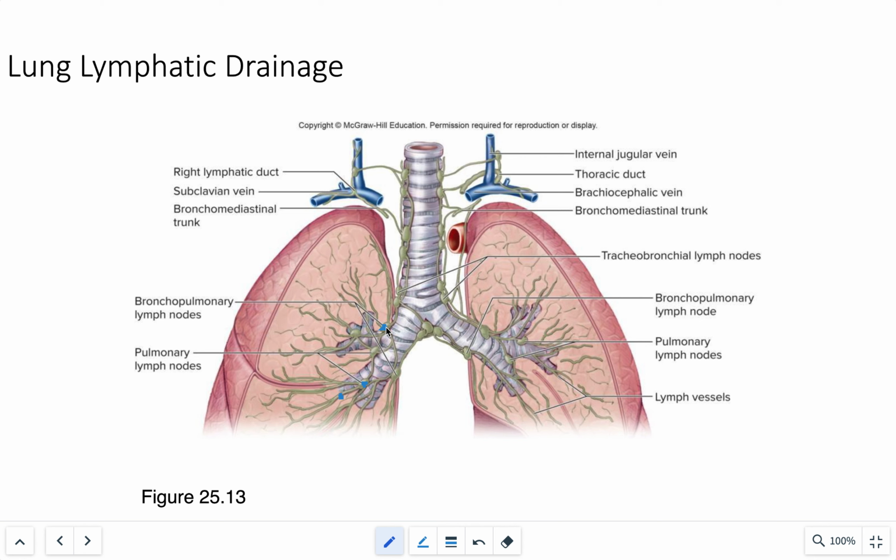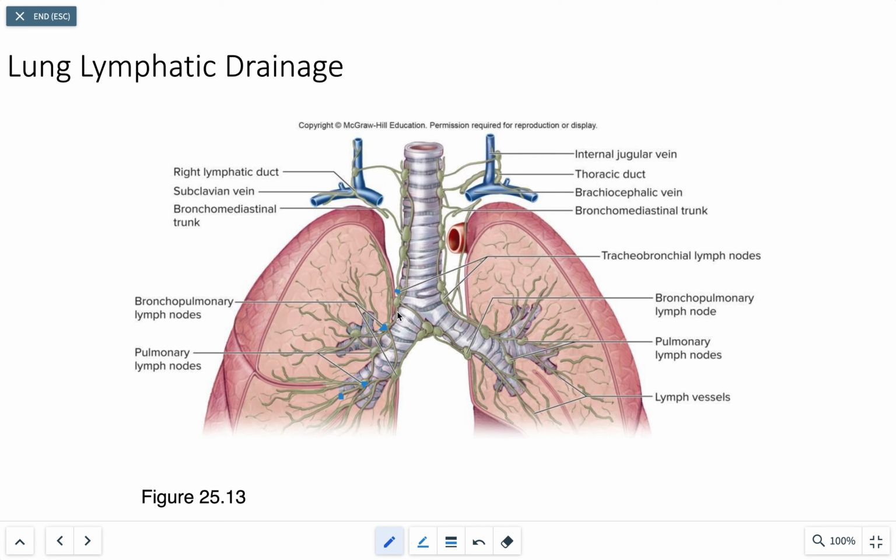If it's necessary, we could have an immune system response, so we could trap the pathogen or the antigen inside of the bronchopulmonary lymph node, and the lymphocytes could take care of that pathogen. From here, we're just going to travel up a little bit higher, and it's going to go into a third portion of a lymph node called a tracheobronchial lymph node.